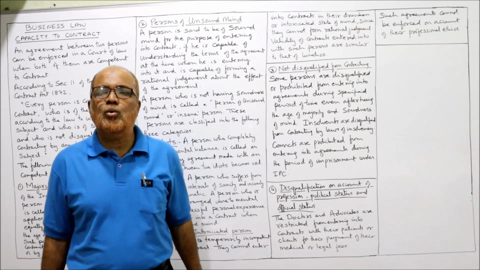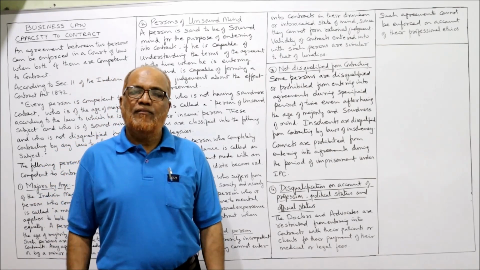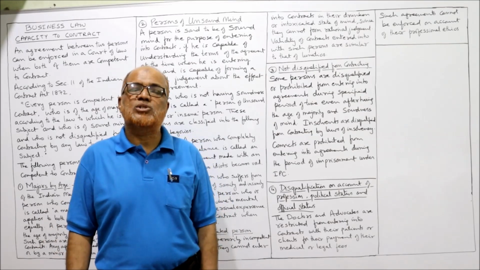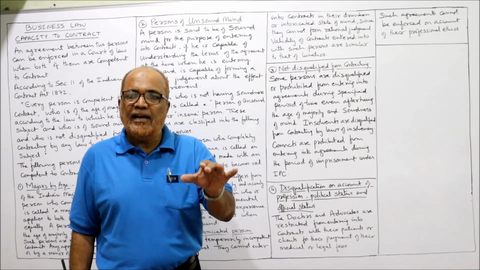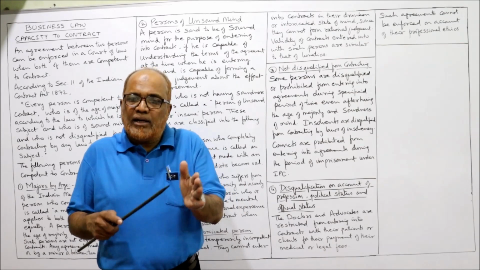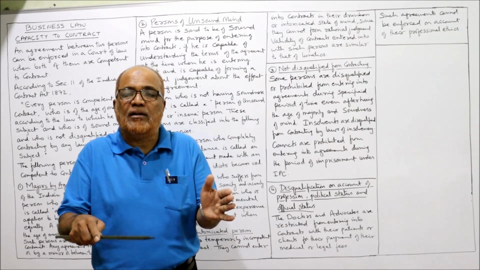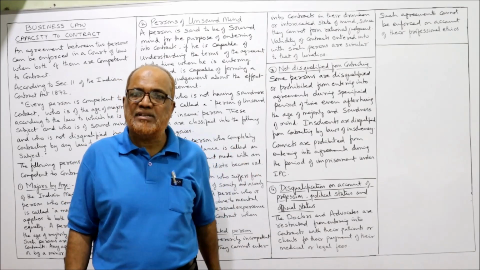An insolvent is a person whose liabilities are more than his assets. When he cannot pay all his liabilities, the person is called an insolvent person. In India, we have an act called the Insolvency Act. According to the Insolvency Act, a person who is insolvent cannot enter into contract during the period of insolvency.